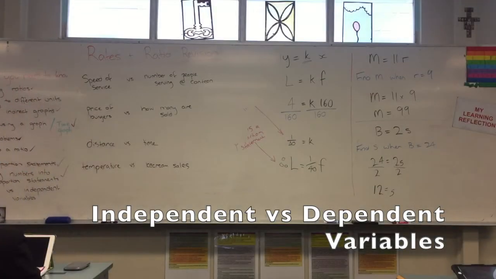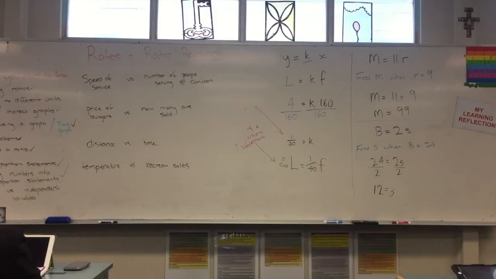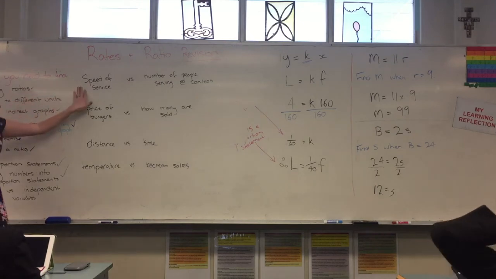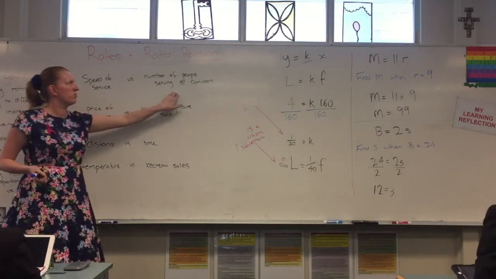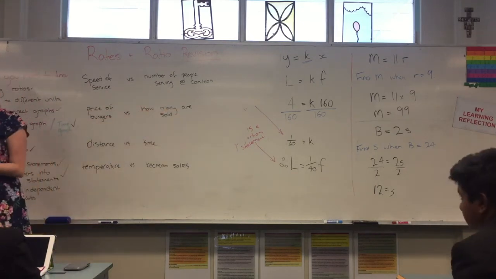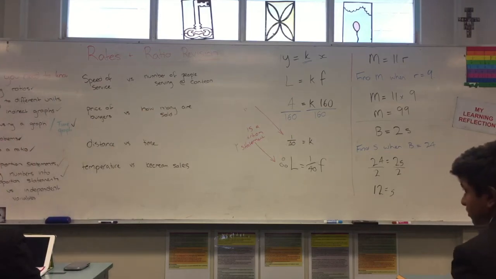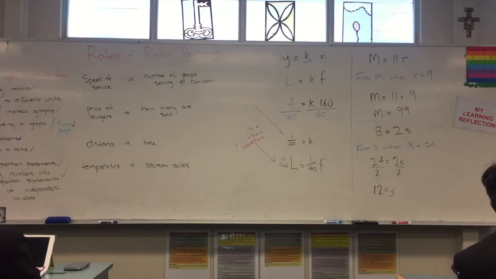Next one on the list is being able to determine independent and dependent variables. So basically, we're just trying to figure out which one changes the other. So for the first one, if we're looking at the speed of service versus the number of people serving in the canteen. If you think about when you go to the school canteen, if they've only got one person in there, the service is kind of slower.